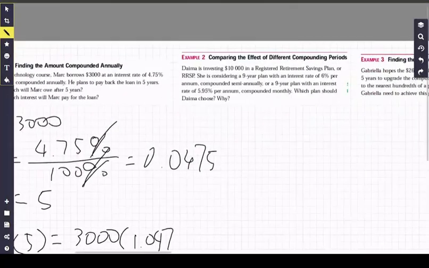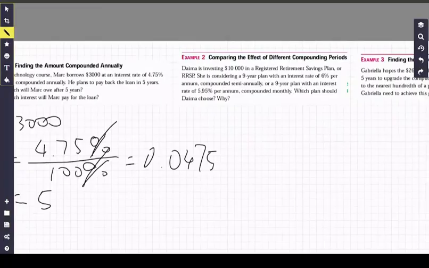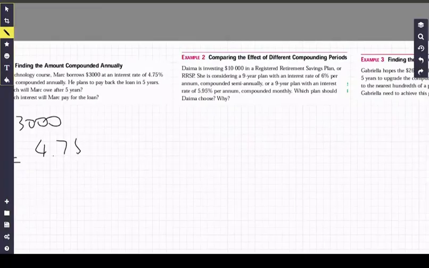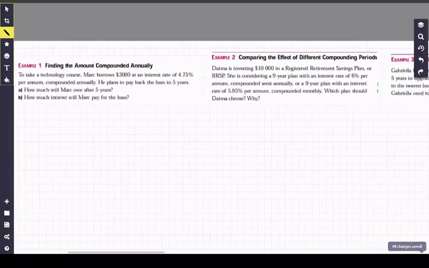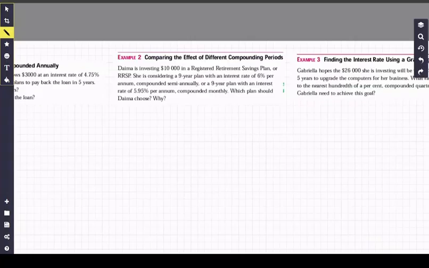Let's go ahead and go to the second question. Dama is investing $10,000 in a registered retirement savings plan, or RRSP. She is considering a 9-year plan with an interest rate of 6% per annum, compounded semi-annually, or a 9-year plan with an interest rate of 5.95% per annum, compounded monthly.